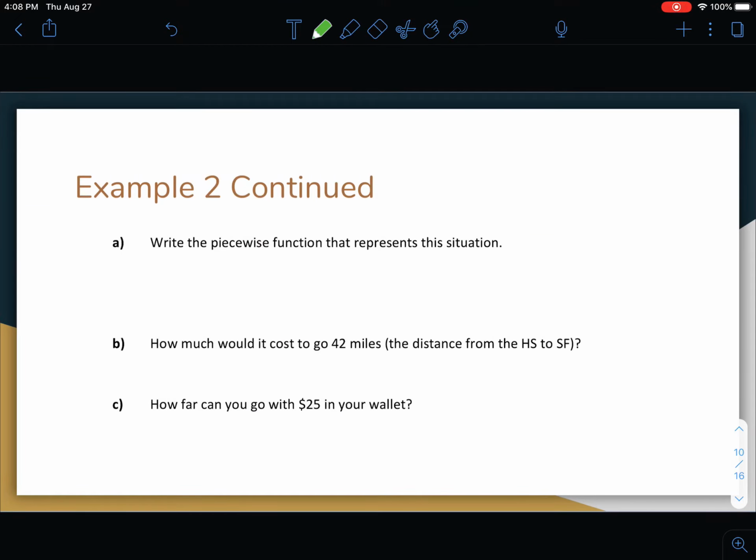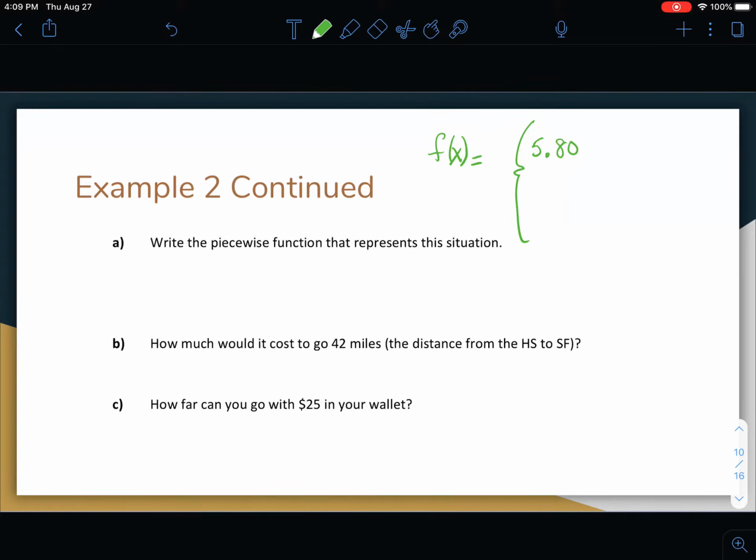Okay, so the first thing is telling us to write a piecewise function that represents this situation. So I'm going to go ahead and call this piecewise function f of x. I'm going to draw in some curly braces here. And I need to think about the different restrictions and what the cost is going to be. So the first one says we have a flat fee of $5.80.